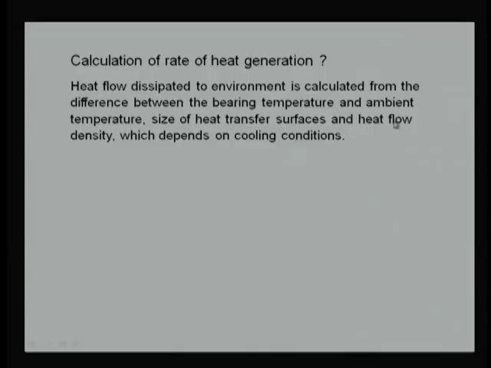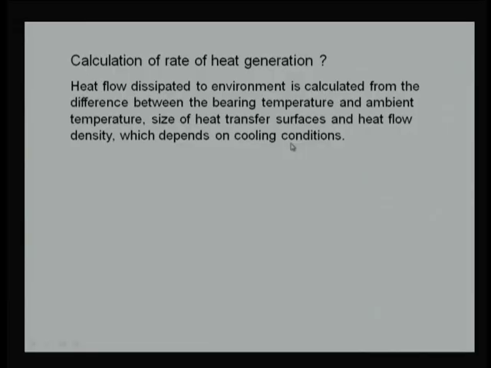And in addition, we require the heat flow density, which is generally given by the manufacturer from their material property point of view, their arrangement point of view. And in addition, if there is a cooling arrangement, if there is a possibility of a fan running near the bearing, the temperature will be different. So we require a cooling factor, we require a density factor, we require dimensions.